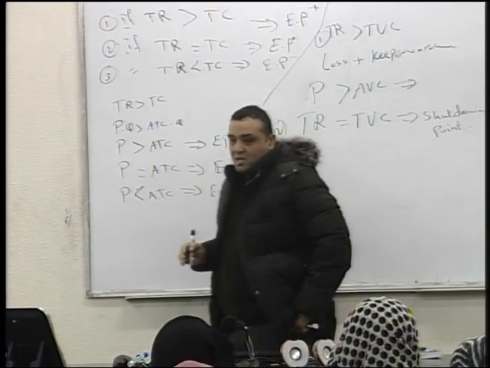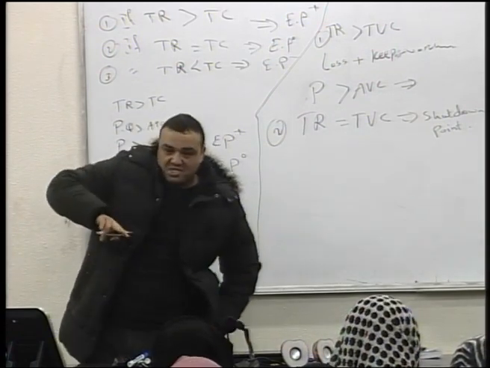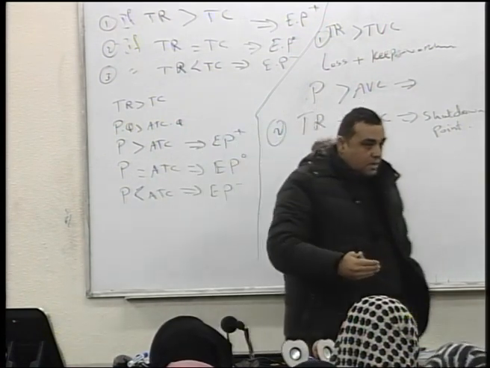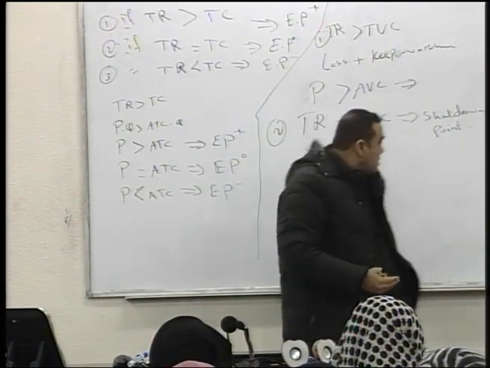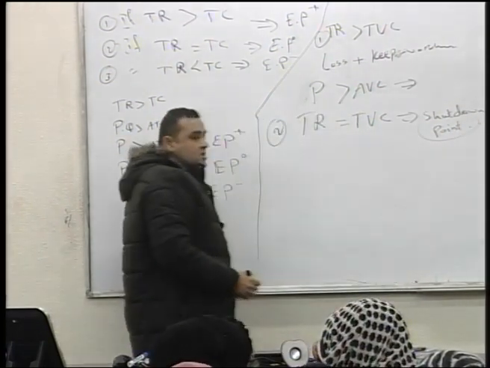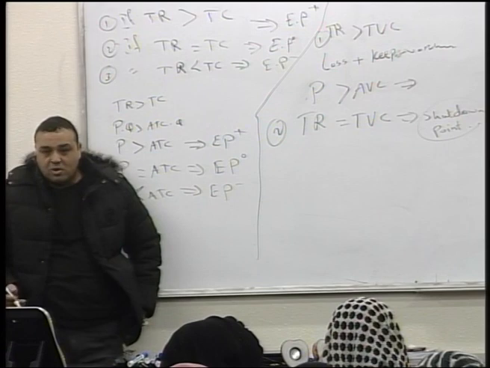The organization has two options, either to keep working or to shut down. So this is the shutdown point, at which total revenue equals total variable cost.